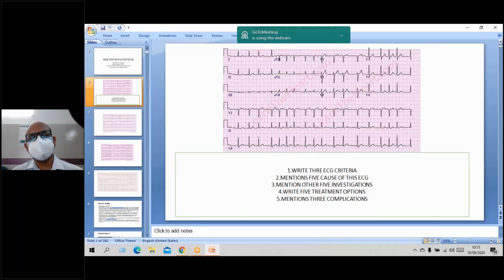Number five, pericarditis, any form of pericarditis, acute pericarditis, chronic constrictive pericarditis, cardiac tamponade, or cardiomyopathy, any type of cardiomyopathy. So these are the 5 to 10 etiologies. You should always try to write the top 5 in OSPE and Viva examination.